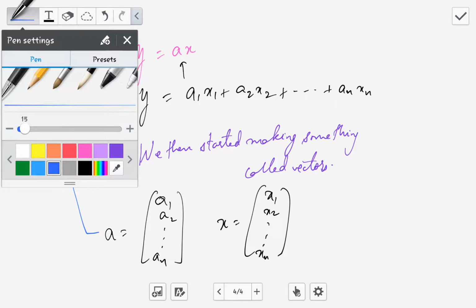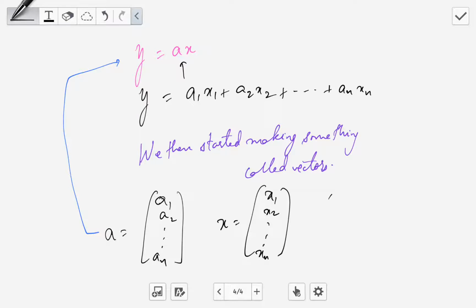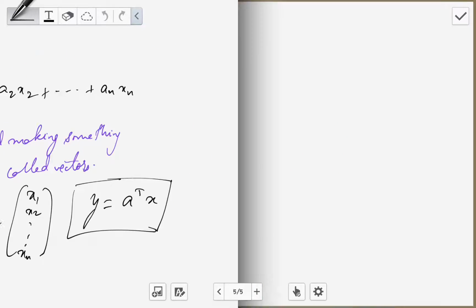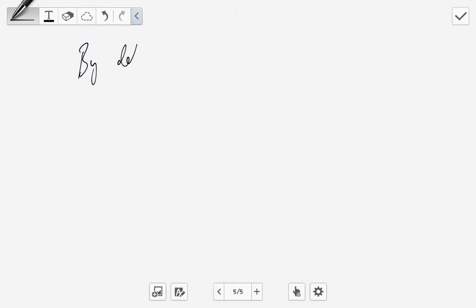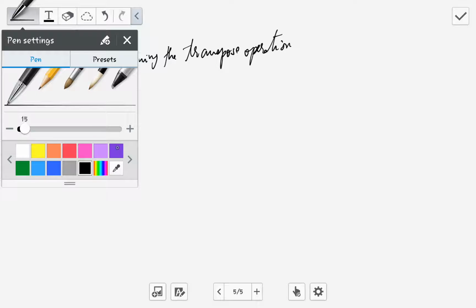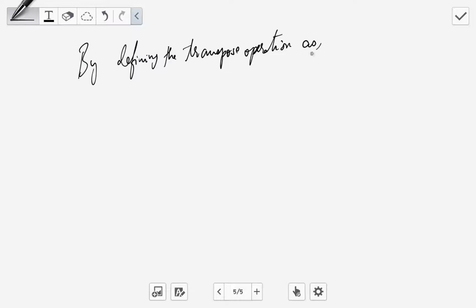So then we started saying y is equal to A transpose x, by defining something called the transpose operation. If A is equal to A1, A2, so on up to An as a column, then A transpose is the row A1, A2, so on up to An.